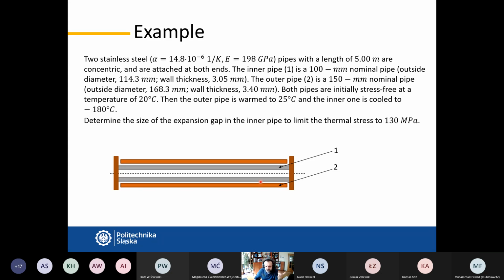So that's why in the internal pipe we have positive stress, so tensile stress, while in the outer pipe, the external pipe, we have compression. So the compression would be slightly less than 80 megapascal of compressive stress.